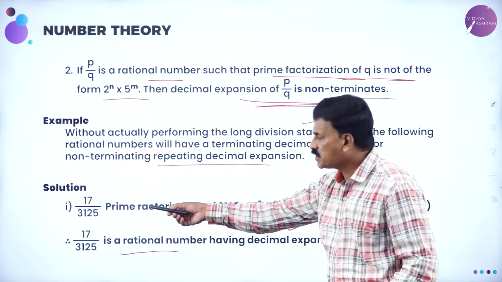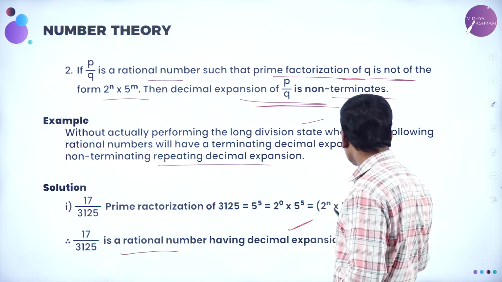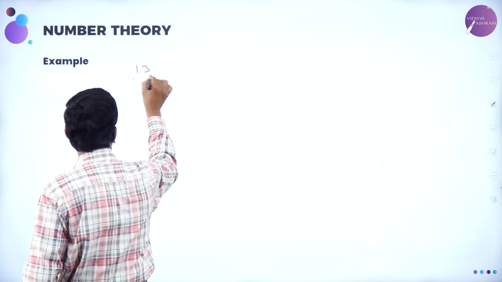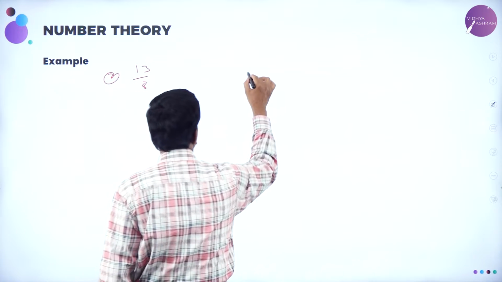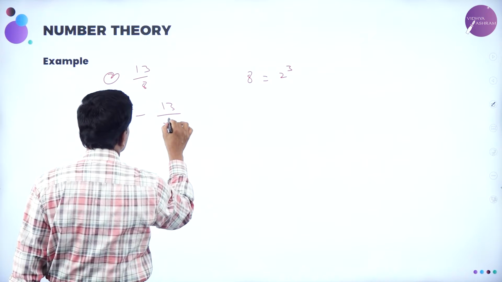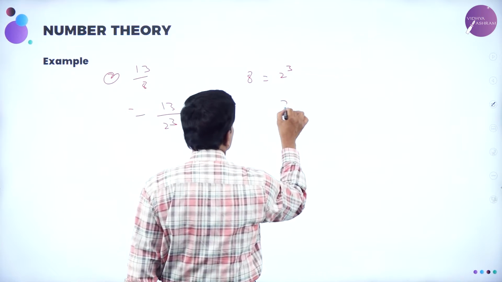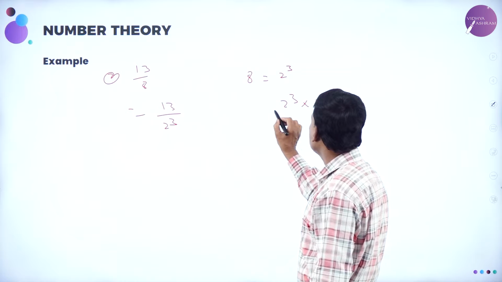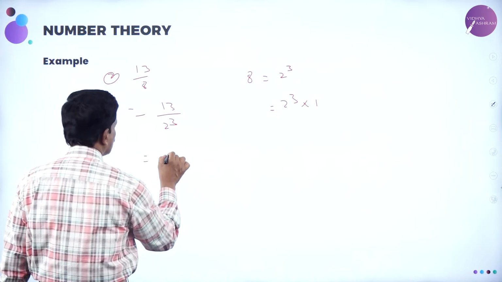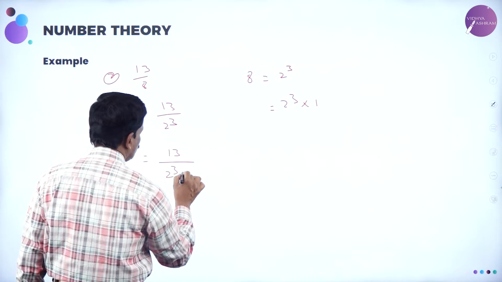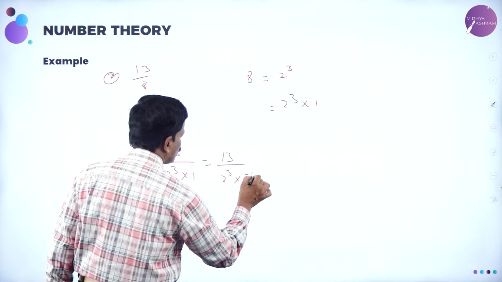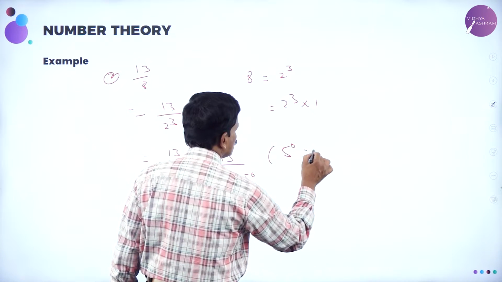This is because the denominator 3125 is of the form 2 to the power of n into 5 to the power of m. Now, let us take one more example, 13 by 8. This 8 can be written as 2 cube, so this is nothing but 13 divided by 2 cube into 1. We can also write this as 5 to the power of 0, because 5 raised to 0 is equal to 1.